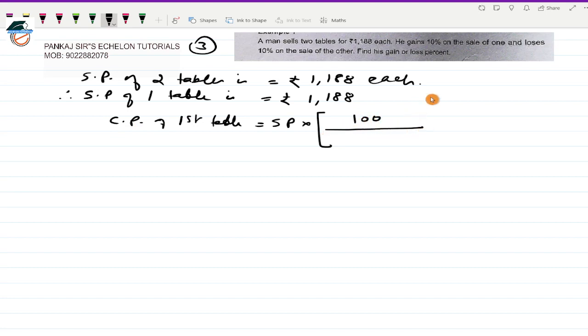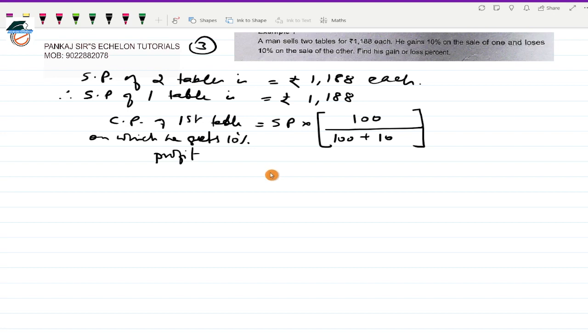Let us find out the cost price of the table on which he gets 10% profit. So 100 upon 100 plus profit percentage, which is 10. So this way you can get the cost price.